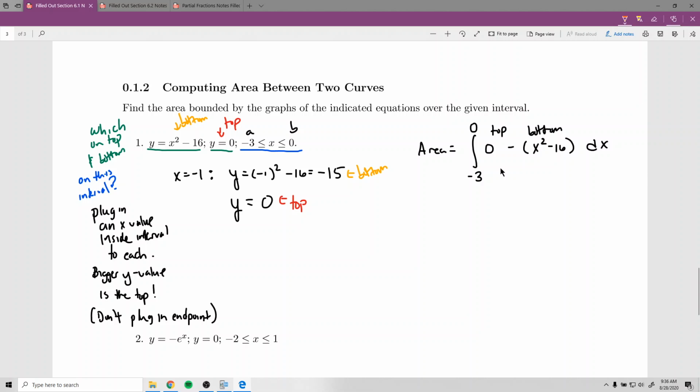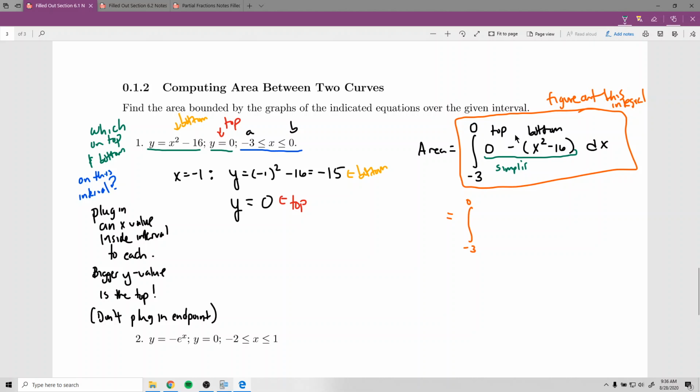But once you have this set up, you can almost forget about the problem now and just figure out this integral. This is exactly the kind of problem we were doing before. Okay. So when we simplify this, what I always recommend is simplifying the inside first.